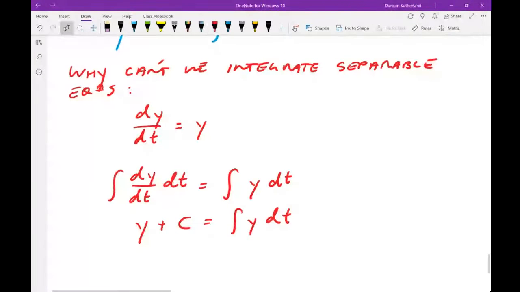We found that is formally true. That's all correct, but useless. We do not know what y is, so we do not know how to compute the integral of y with respect to t.